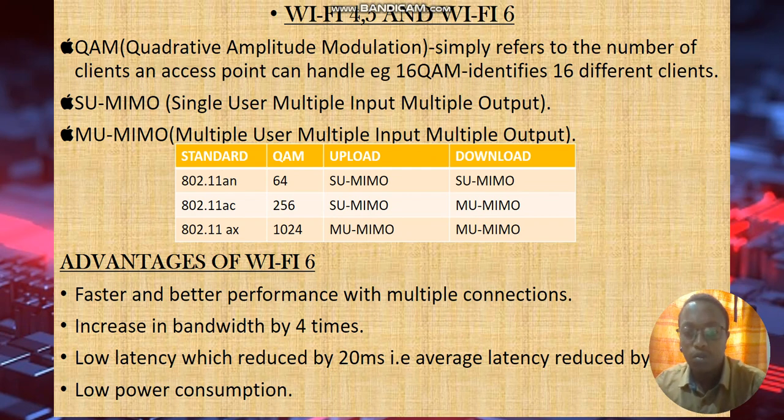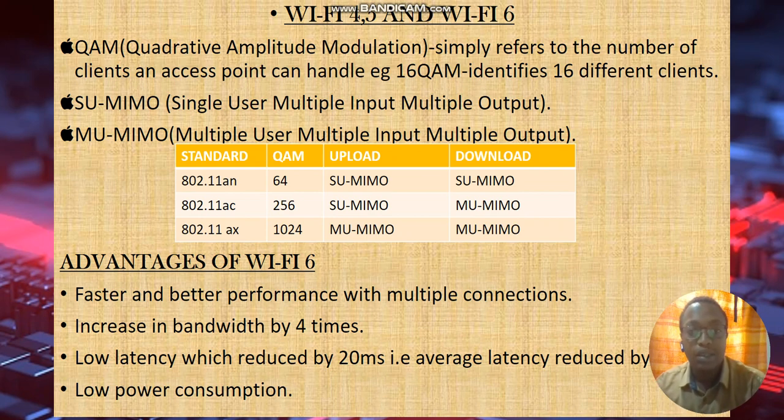But in download mode, we could have multiple user multiple input multiple output. This means that all the 256 could be downloading something, and they could be multiple downloads. Now in Wi-Fi 6, this is where we beat all these single user limitations.